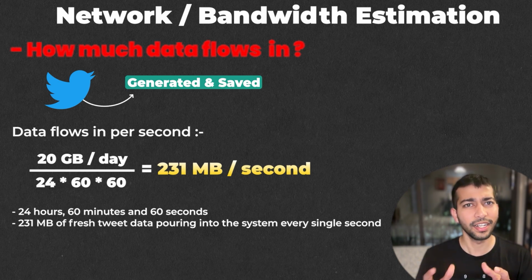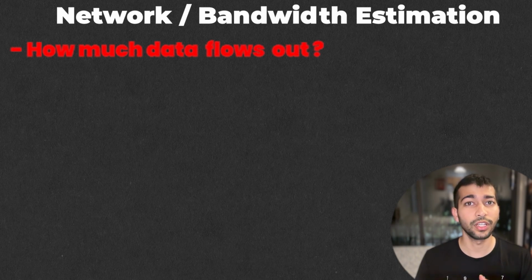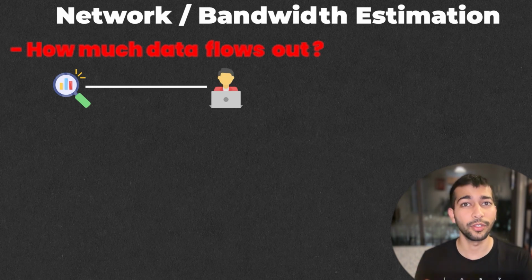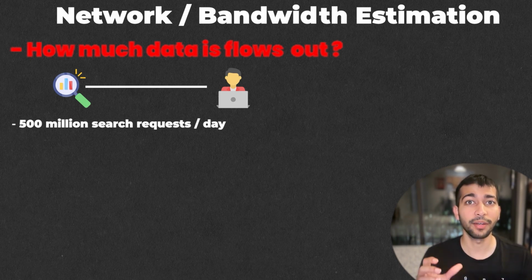Now, very similarly, let's move on to the egress calculation. That is how much data flows out of our system. Egress is all about data being searched and returned to the users, because that is the data that flows out of our system. As per our throughput estimation, we are handling somewhere around 500 million search requests per day.